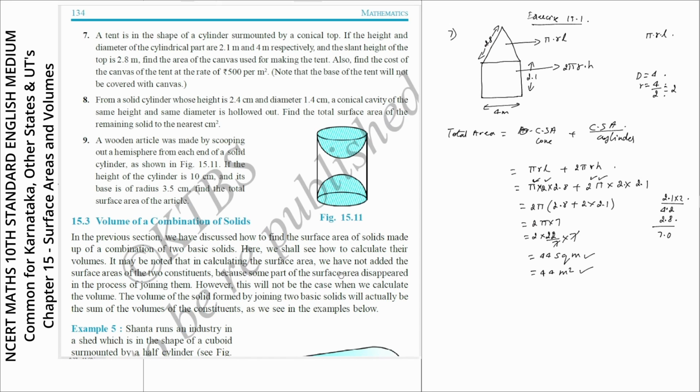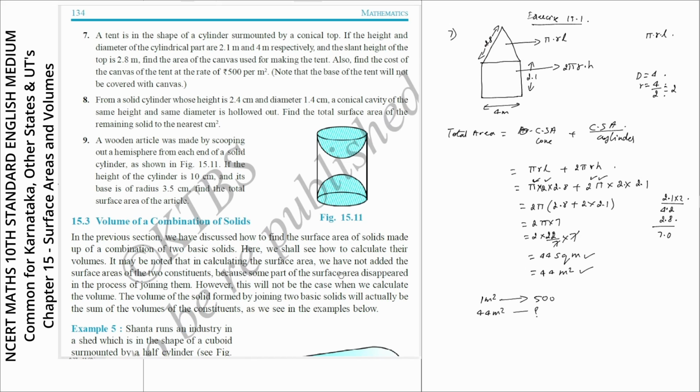Now find the cost of the canvas of the tent at the rate of rupees 500 per meter square. So for 1 meter square of canvas, it will cost 500 rupees. Therefore for 44 meter square, what is the cost?